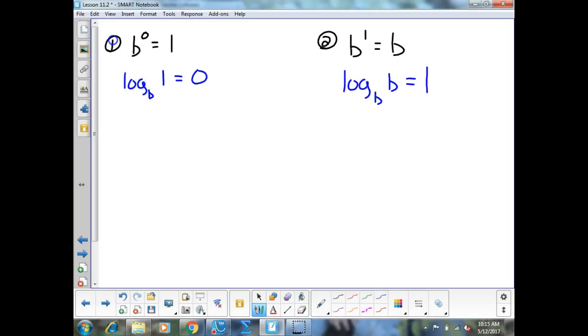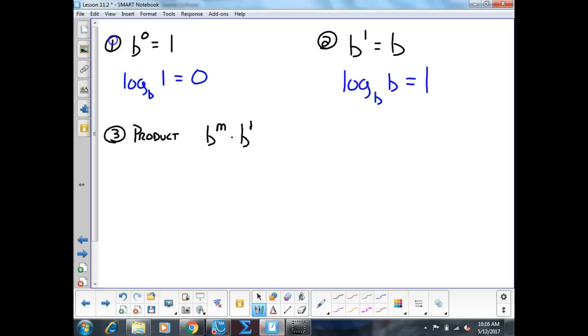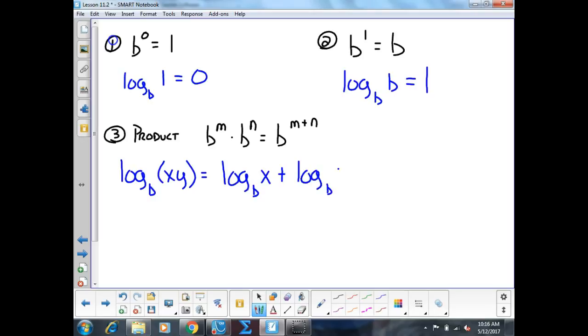Then yesterday, we said that the product property was log base b of x times y equals log base b of x plus log base b of y.